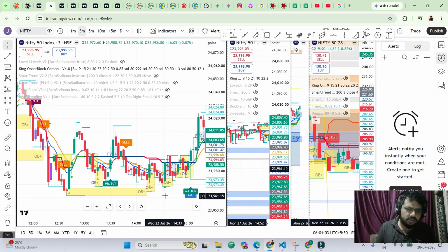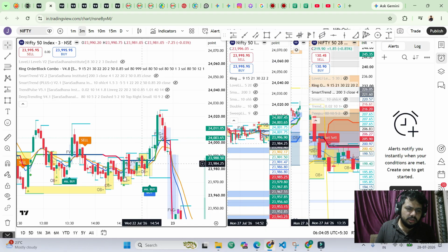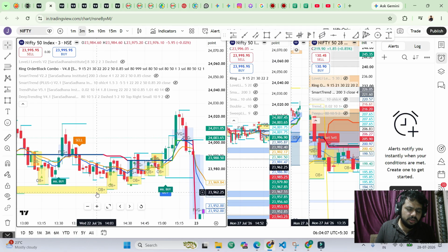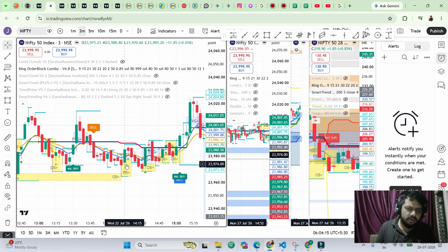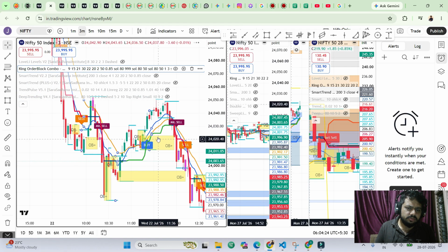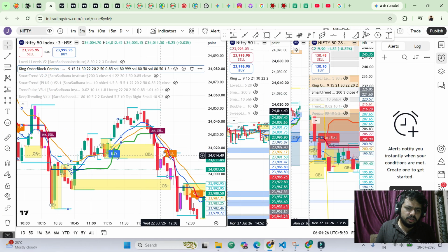How much ever you can afford, you have to add only that much. You see how nicely it got rejected here. Whenever the market gives you a rejection from here, it is better to take trades. Otherwise, you can capture a huge movement. Okay, so here you will be losing it.